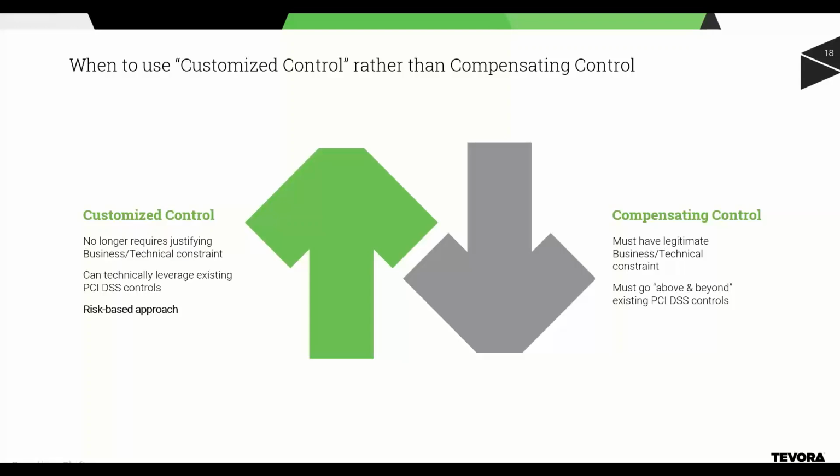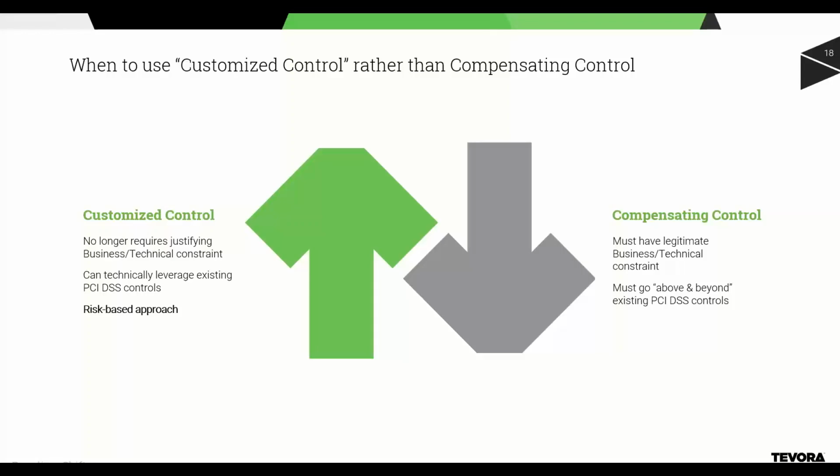So the key point here is that you're allowed to do a risk-based approach. And the example that we were thinking of is, think about if you're managing an environment with employees working from home, and there are workstations that are considered in scope for PCI DSS in these individuals' homes. When we look at requirement 9, physical security, we look at the requirement for visitor logs.